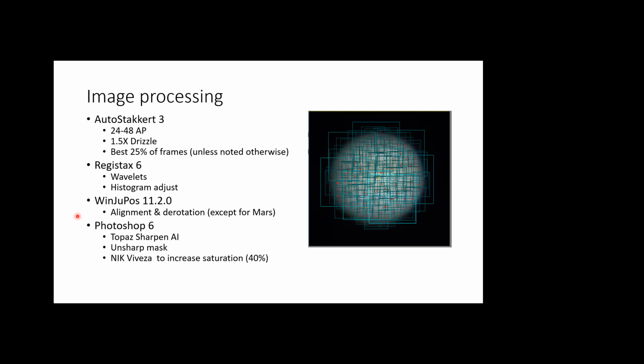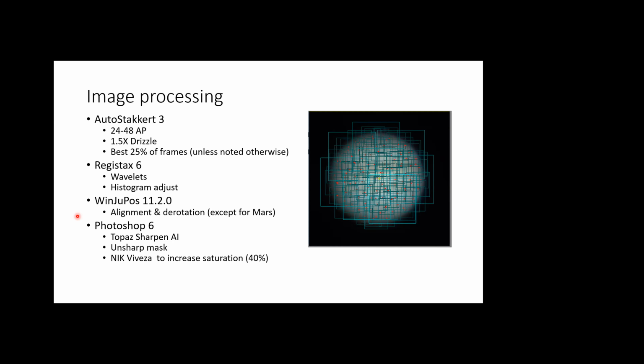Then for Jupiter and Saturn, I used WinJupos to align the 3 sets of images and derotate them. I didn't do that for Mars, although you can do it for Mars as well. WinJupos supports all of the planets, and it's particularly helpful for Jupiter, which rotates rather quickly.